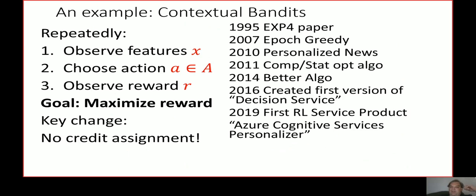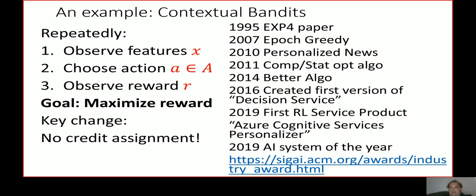Based upon this service, you can go and personalize your website or its layout or many other things. It's a general service. You can feed in arbitrary features, choose an action, and then send in an arbitrary reward with it learning. Based upon this system, we actually have 2019 AI System of the Year.